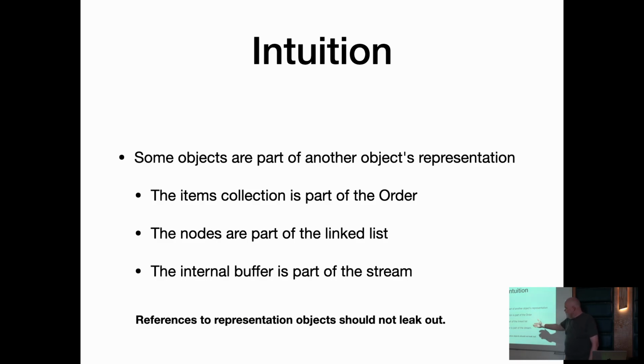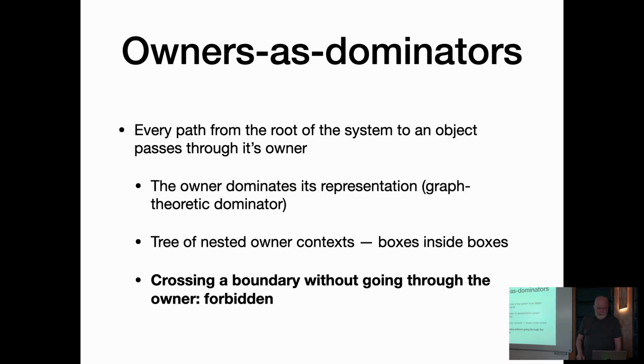Like we saw here, there are other examples. So nodes are part of a linked list. The internal buffer in a stream is owned by the stream. You should not hand it out. All these references should not be handed out, so that we do not misuse them, and so that we know that we have no incoming references.